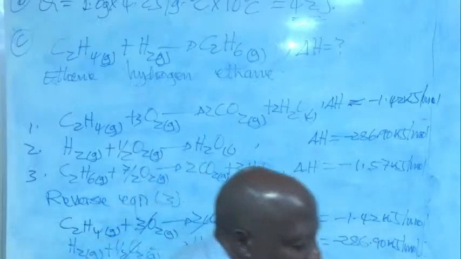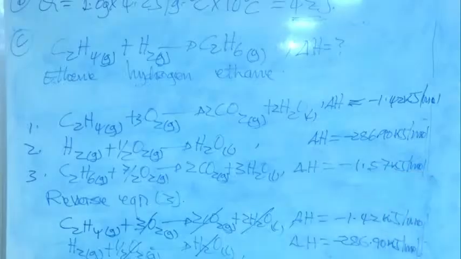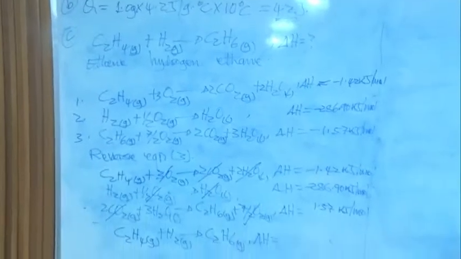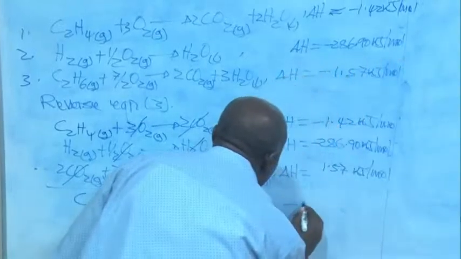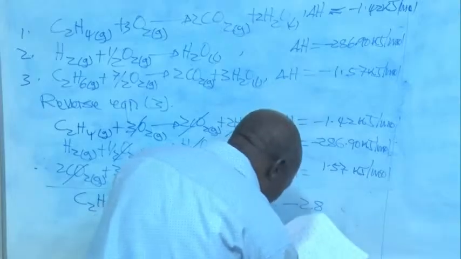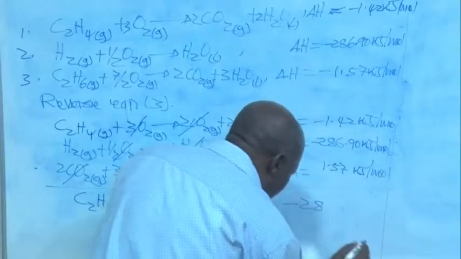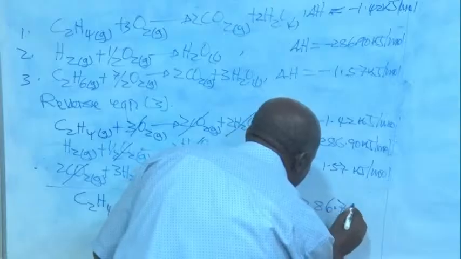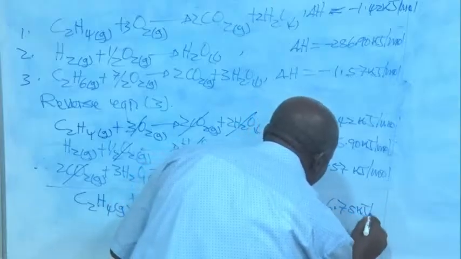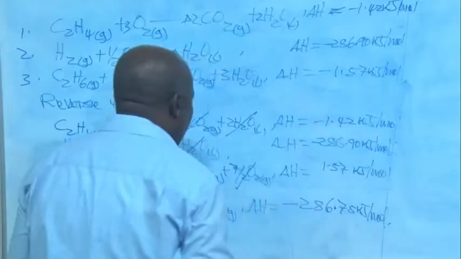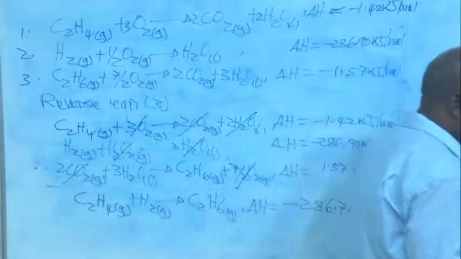This is equal to our answer now becomes negative 286.75 kilojoules per mole. So this is the energy change for the given reaction.